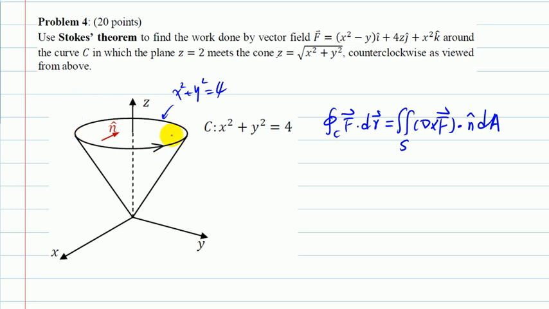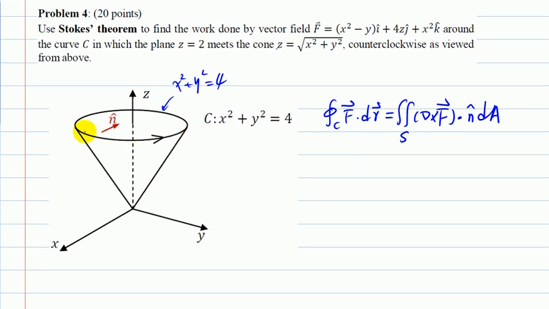This is important because in Stokes' theorem, you need to orient your surface, which is bounded by the curve C, properly according to the direction of the curve C. Because the curve C here is going counterclockwise, using the right-hand rule, your surface, which is the part of the cone, needs to be oriented using n hat, which will be in the up direction.